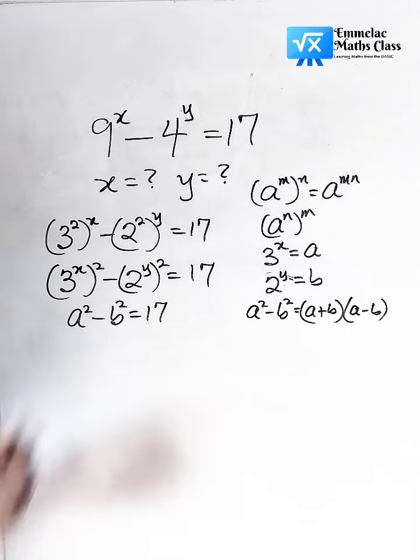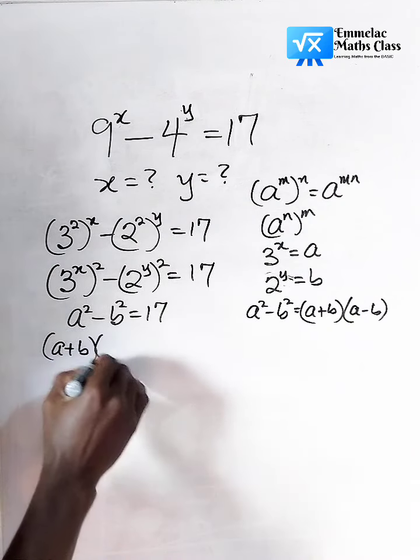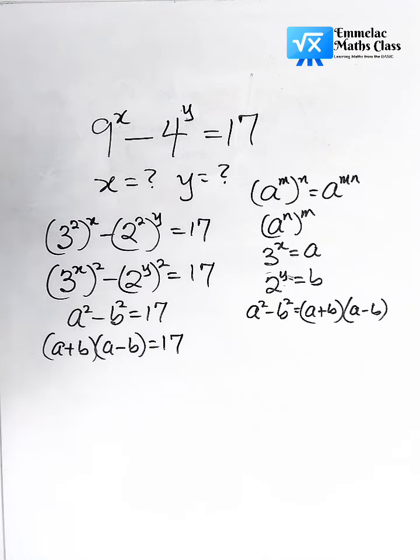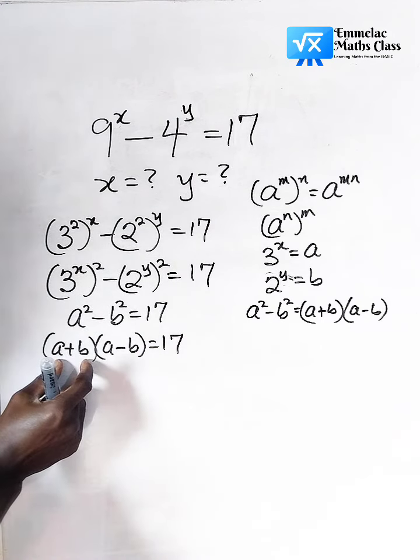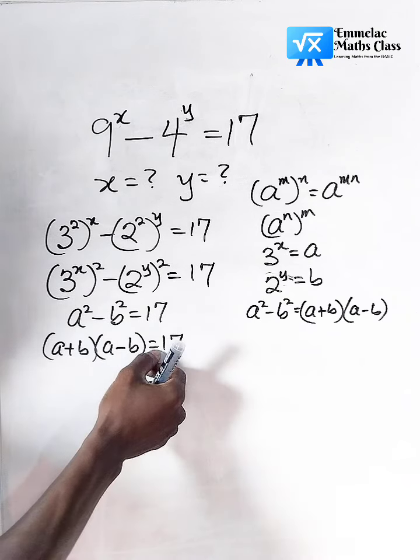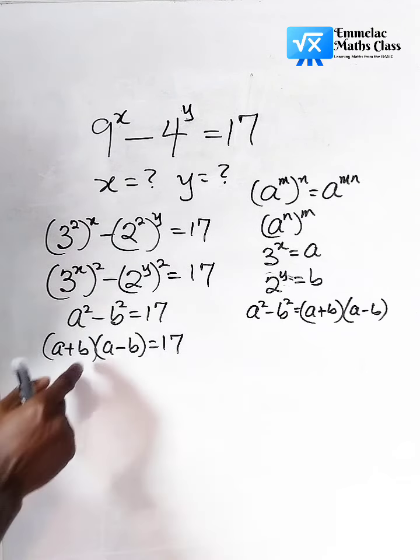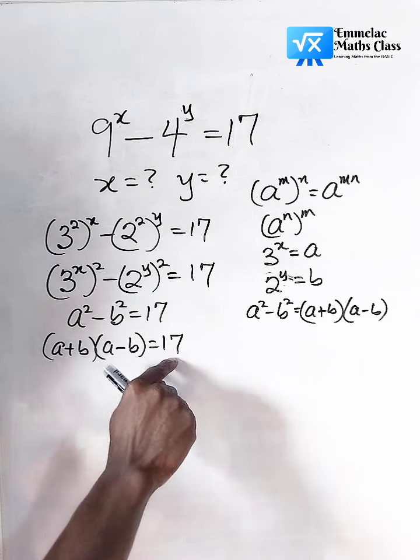So applying that rule here, we have a plus b times a minus b equals 17. This implies that the sum of the two terms multiplied by the difference of the two terms will give you 17.